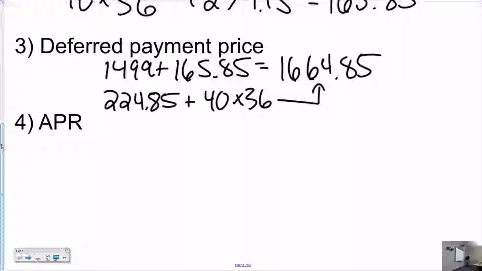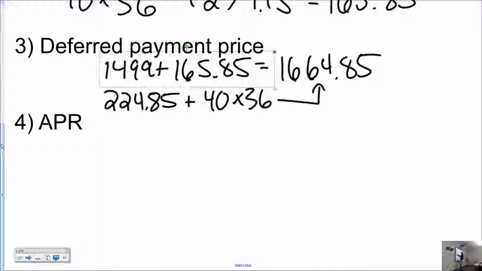So just be careful with that one. Make sure you use one of the two correct formats for getting the actual cost, right? One is price plus interest, or down payment plus total monthly payments. One says show me the money, the other one says price plus extra, right?